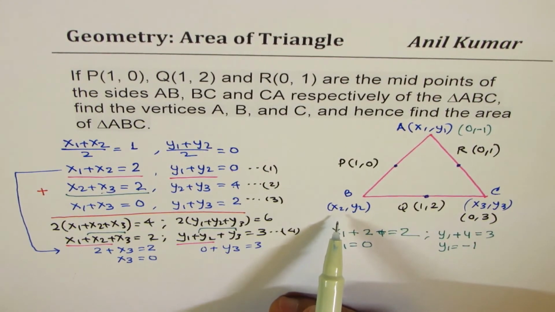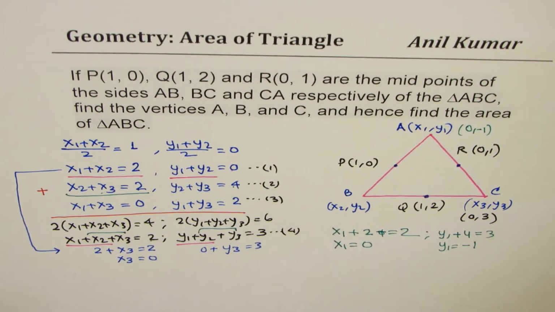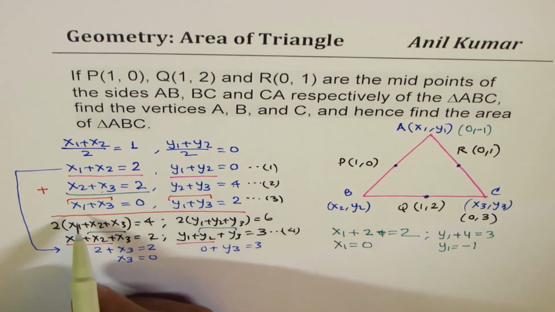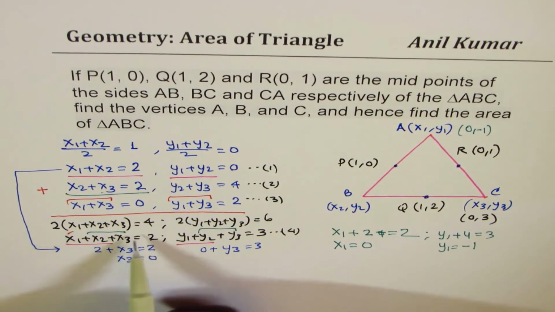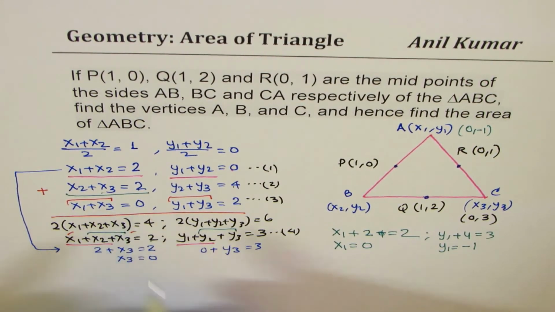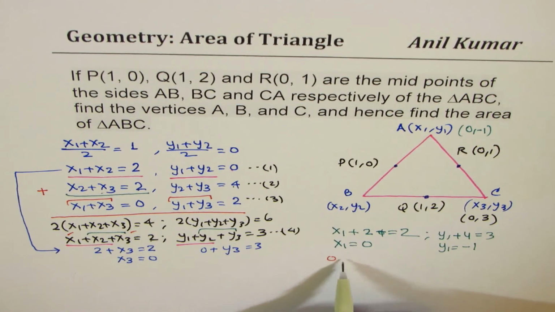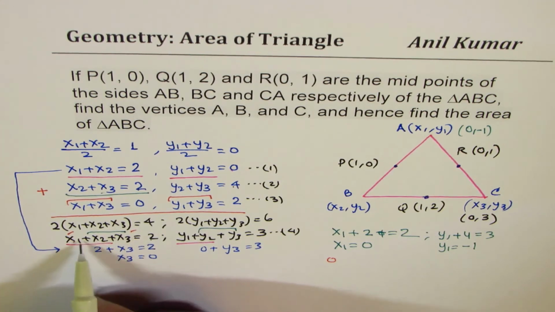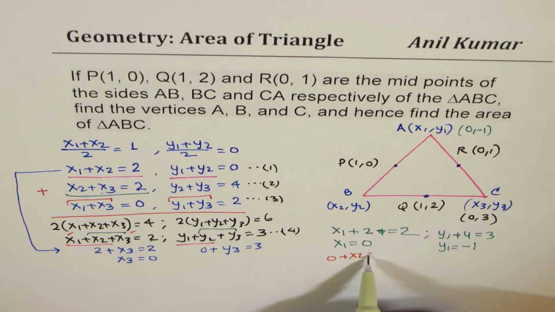And as far as this is concerned, I'll take away this, x1 and x3. So I can write x1 plus x3 is 0. So I'll write 0. And I'm left with what? I'm left with x2 because I've taken away these two. So plus x2 equals 2.